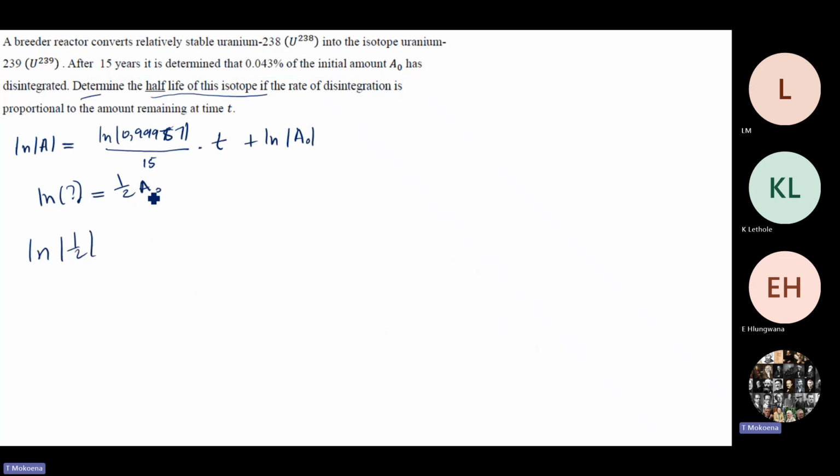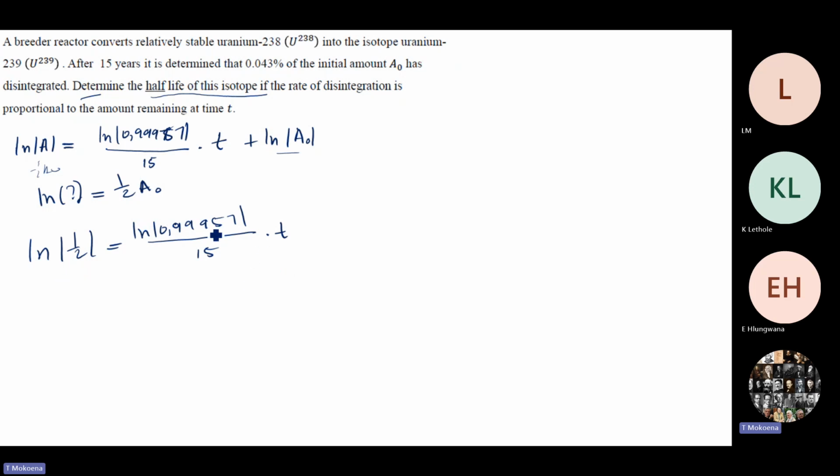You don't have to resubstitute because automatically it will do the same thing. You can just write half over here is equal to, here we have ln of 0.99957 divided by 15 multiplied by t, which is what we are looking for. Like I said, you don't necessarily have to substitute half. You can do it, it's fine. If you think you're going to make mistakes, you can substitute half over this, and then we take this one to that side again, and then we're going to end up with something that looks like this.